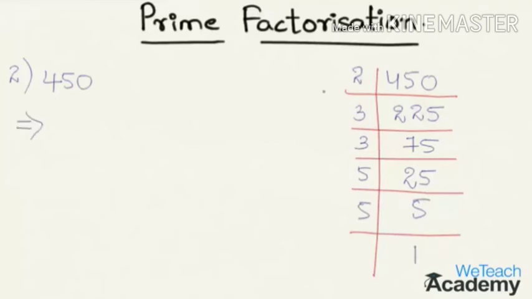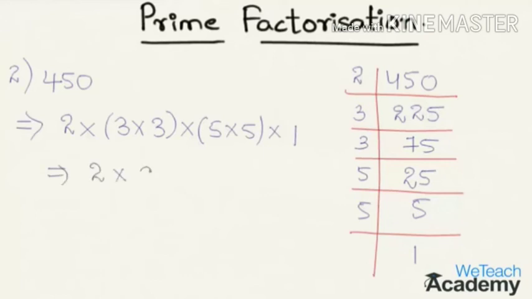So 450 can be written as 2 into 3 multiplied by itself 2 times, into 5 multiplied by itself 2 times, into 1, that is nothing but 2 into 3 raised to the power 2 into 5 raised to the power 2 into 1.